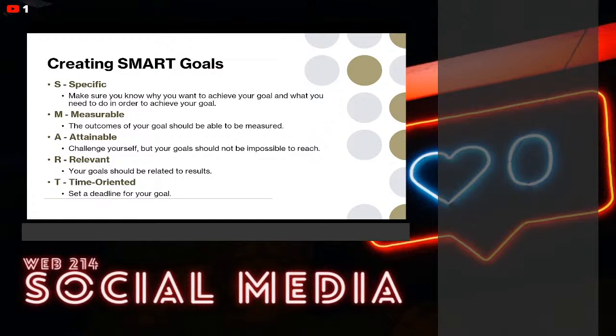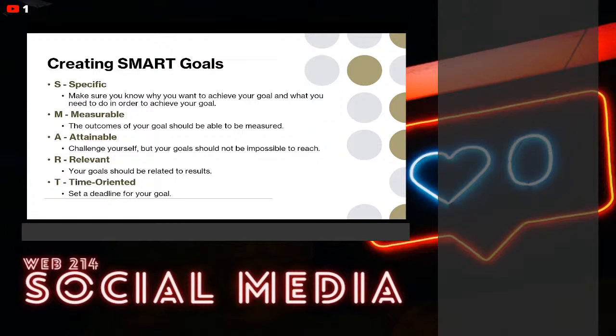But when we set deadlines for ourselves and try to keep them, that's going to be motivation for progress. That's going to move us to take action, because we're going to hold ourselves accountable for these SMART goals, right? We have to hold ourselves accountable.